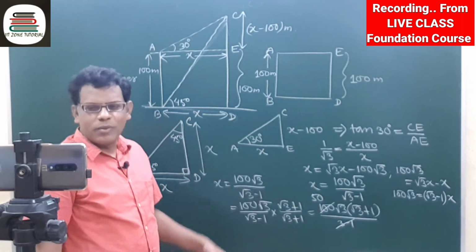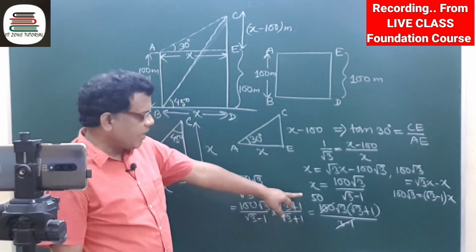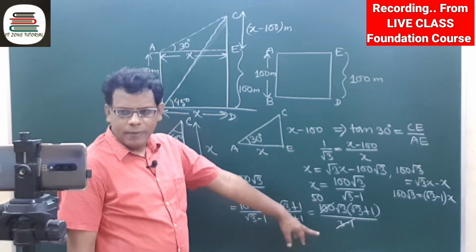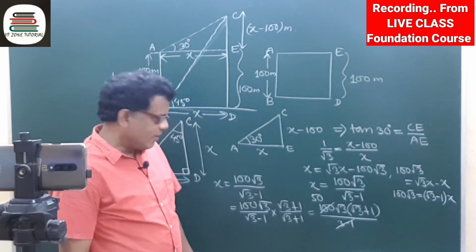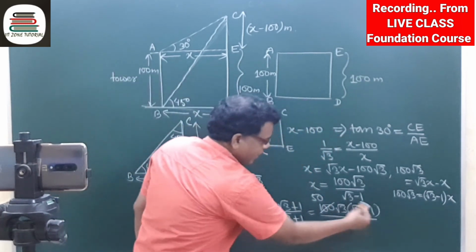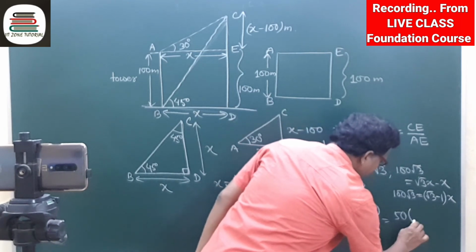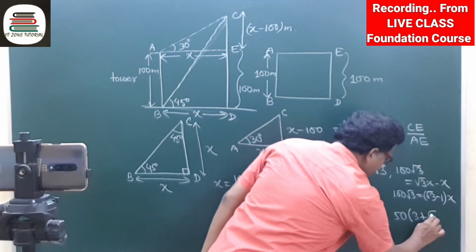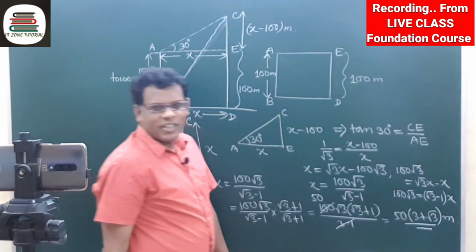Right, 3 minus 1 will become 2, and directly I have cancelled it out with 100 by 50, isn't it? So now root 3 multiplied with the terms in bracket, so it will be 50 into 3 plus root 3 meter. Got it now?